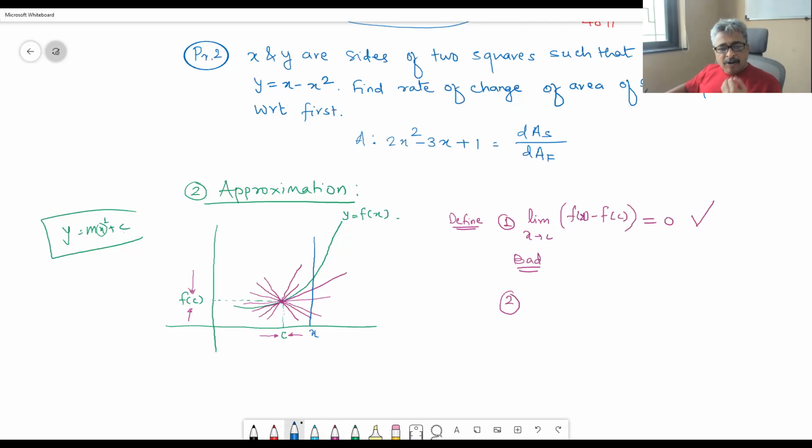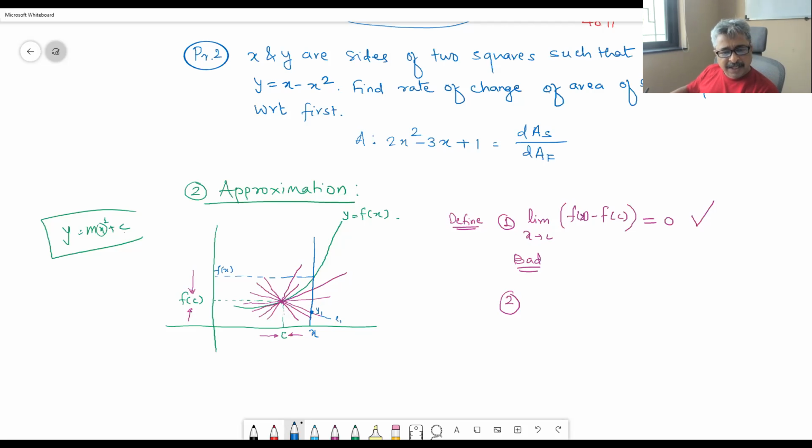Okay, so f of x is this. And at the same x, if I select say line number 1, I will get value of the function this. Let me call this as y1.